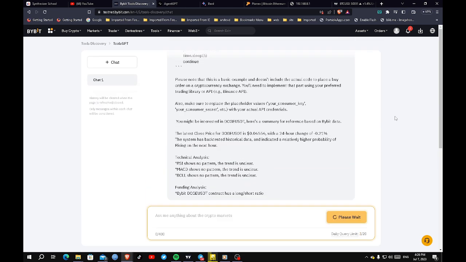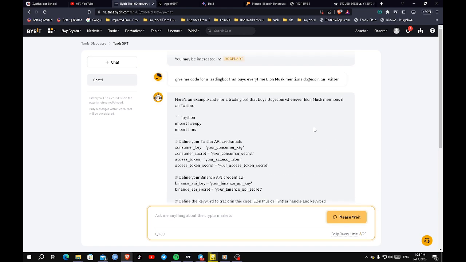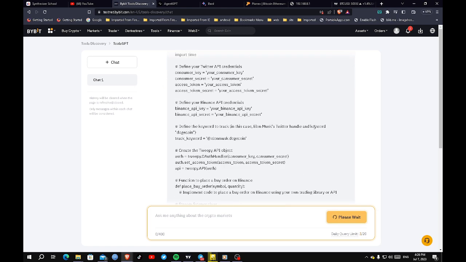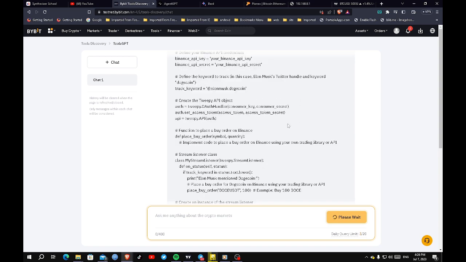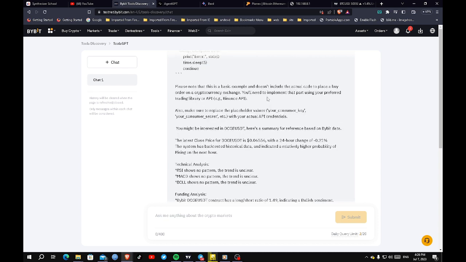Okay, it gave out the code, but it appears that it wasn't everything. So I guess you have to figure out certain things by yourself. You see that this basic example doesn't include the actual code to place a buy order on a crypto exchange.